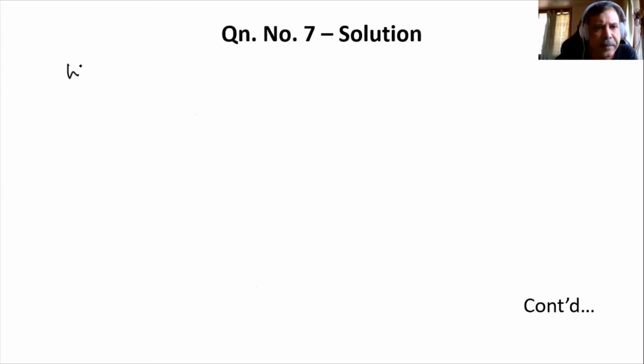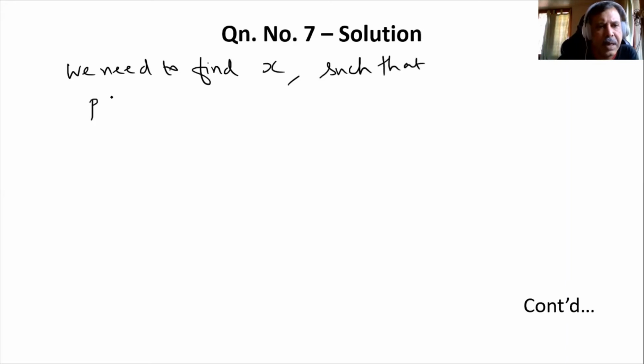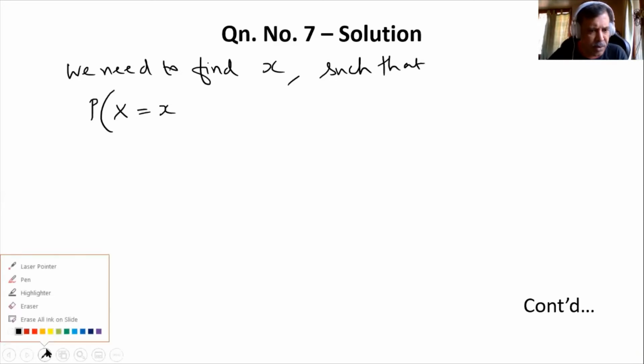We need to find, let us say, small x such that probability of X equal to small x, or I should not put it as equal, it is better, let me put that as greater than, because it is the minimum number of books.